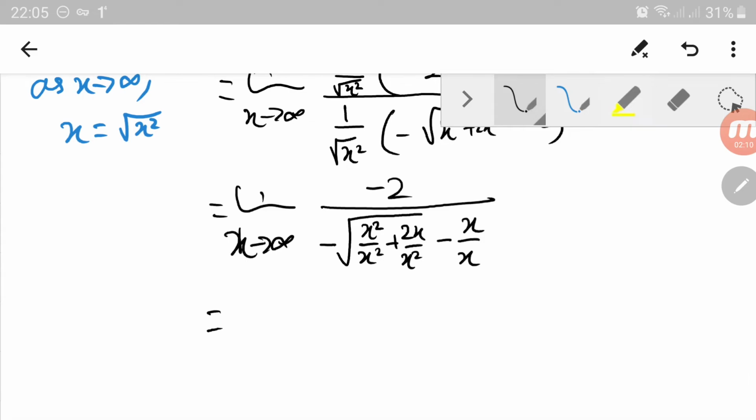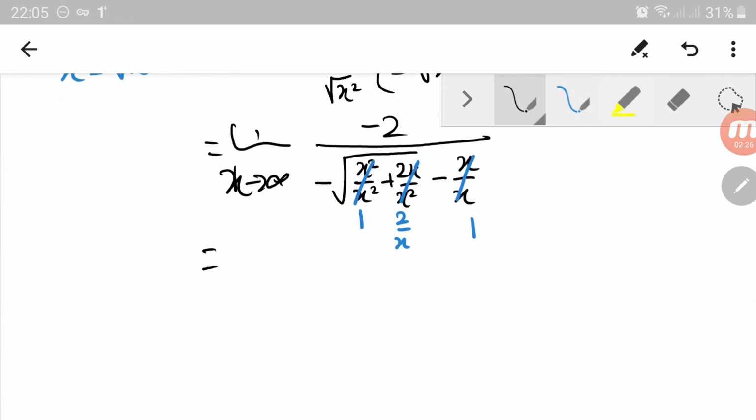Now for this one we can substitute. Wait, we have to simplify first. This one whole lot is 1, this one is 2 over x, and this one is 1. So if you direct substitute, we have minus 2, and then minus the square root of 1 plus 2 over infinity, which is essentially 0, so just write 0, and then minus 1.